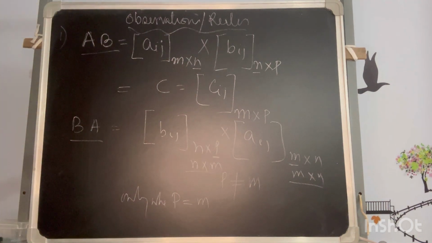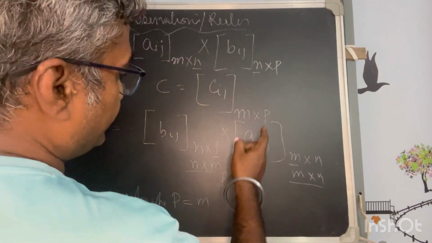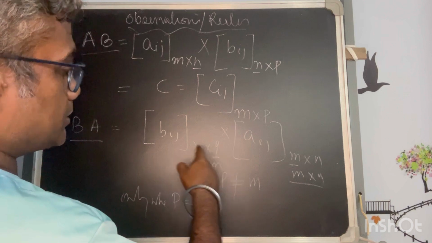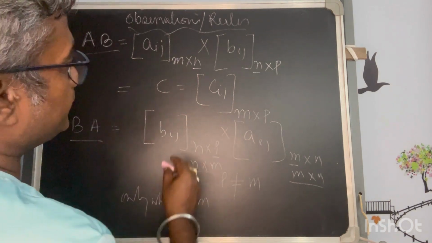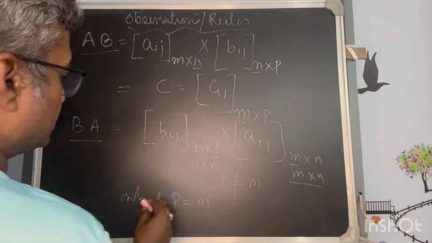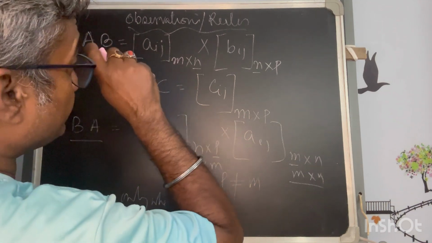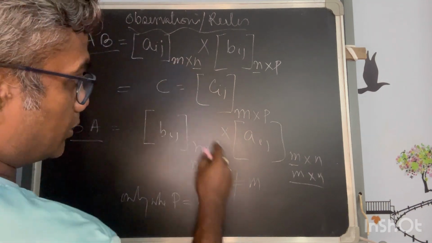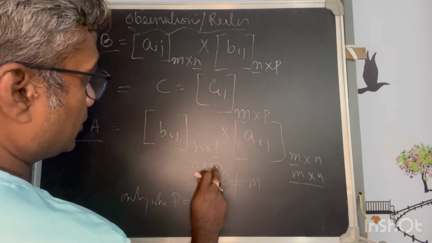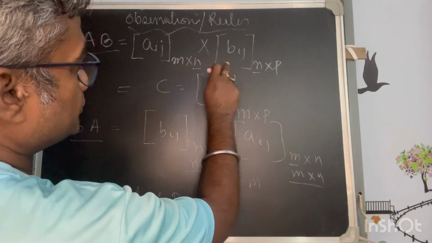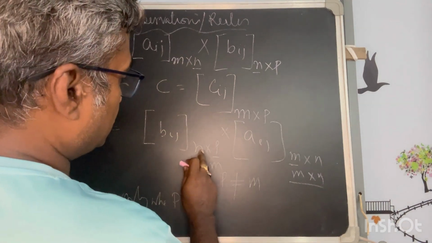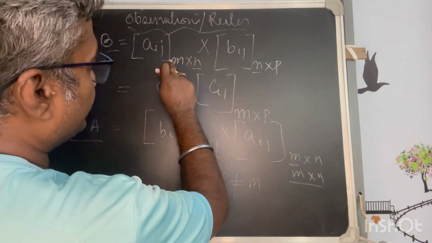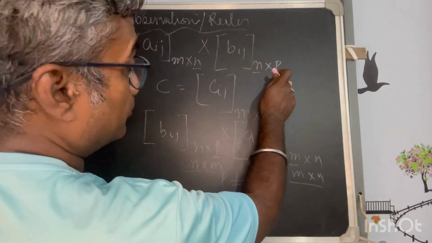So ultimately both orders have to be the same, where the column is equal to the rows, and in the other case the rows equal to the column.